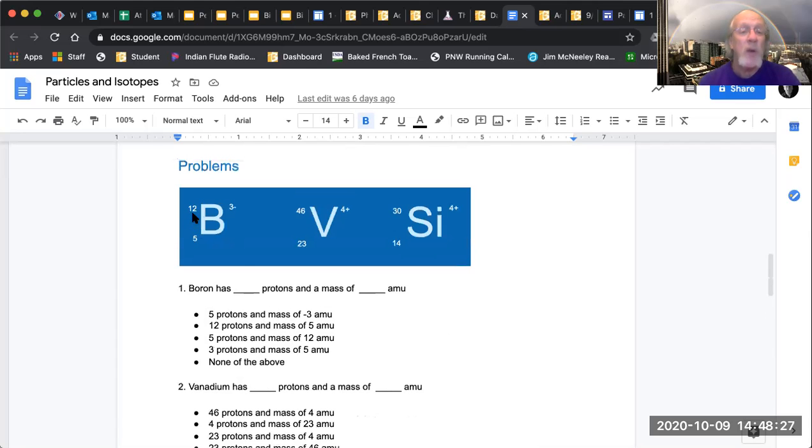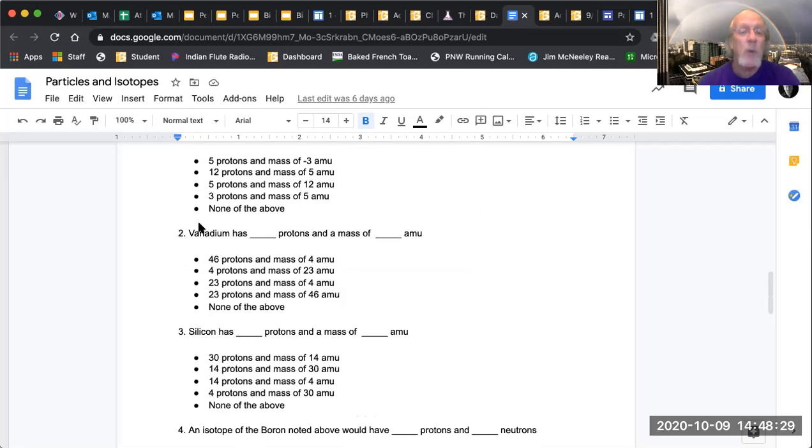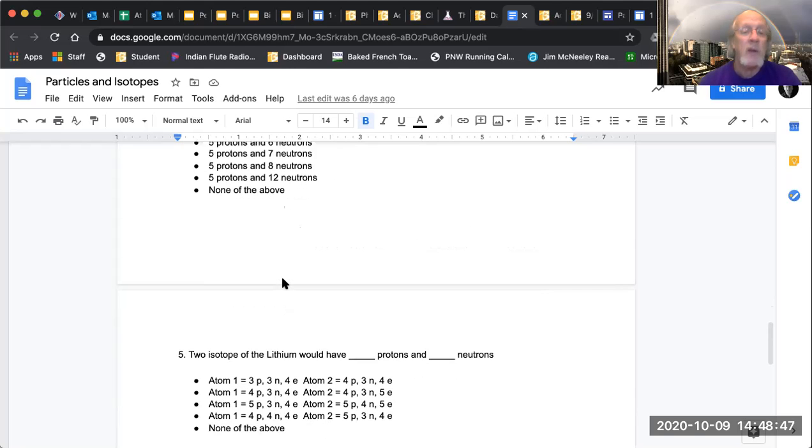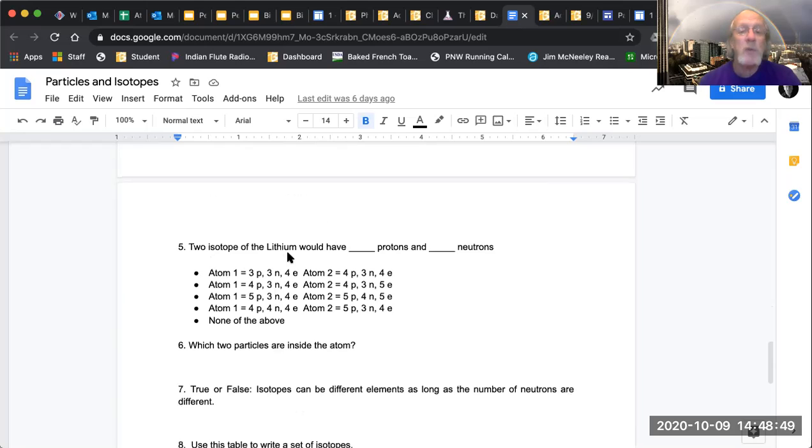Whoops, that one would not work because that's the one we already have. All right, so the second one is not an isotope. 5,8, that'd be a mass of 13, and 5,12, that'd be 17 for a mass. All of those would work except for the second one because it would be the same boron as I already wrote.